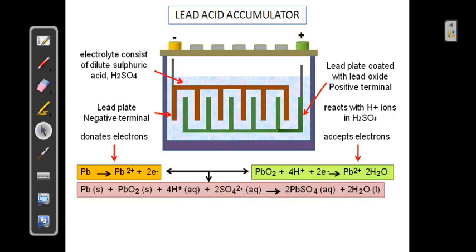And the overall equation will be like this: Pb solid plus PbO2 also solid.